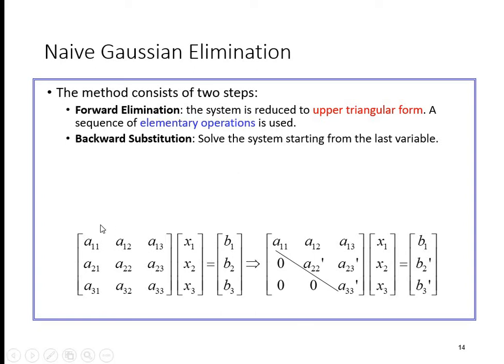So if you are given a problem in matrix form that looks like this, then your aim is to reduce the problem into an upper triangular form where all the lower part consists of zeros, and then from there you apply backward substitution, because you know that this element will be equal to this one, so this will give you x3.